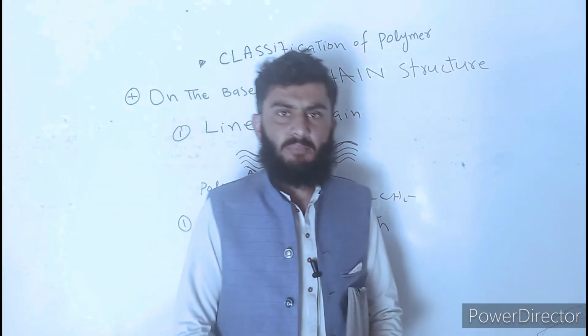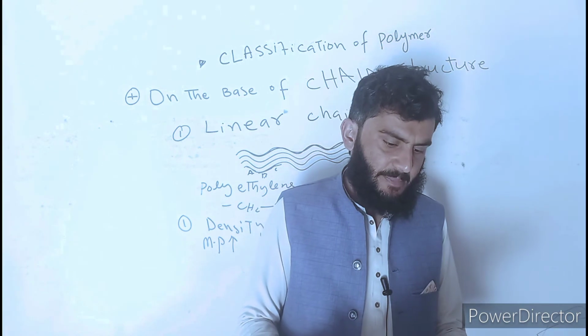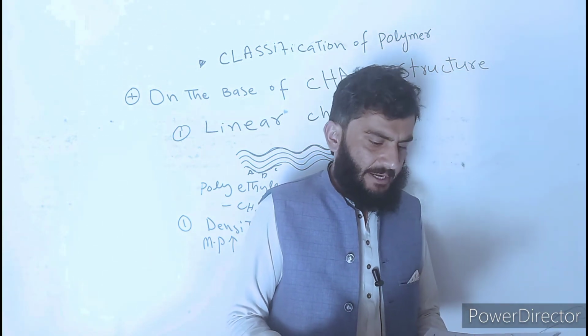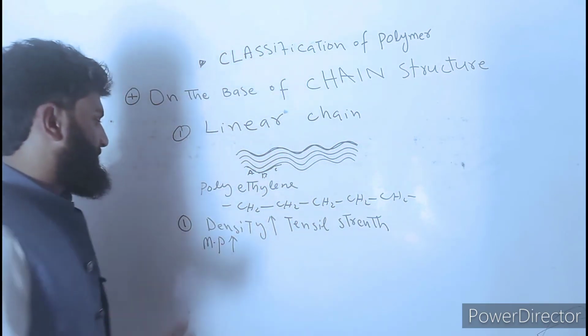So these are some properties of linear chain polymers. Their melting point is very high. These are some basic properties.